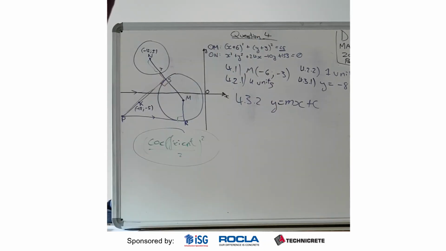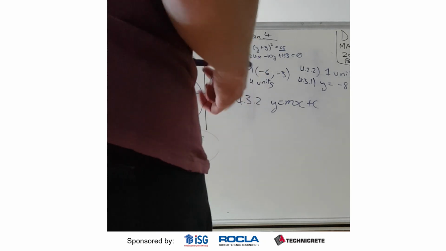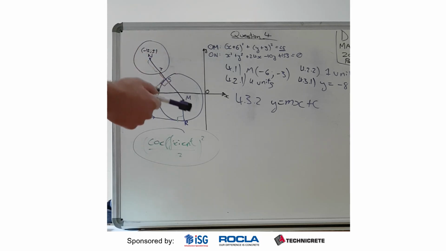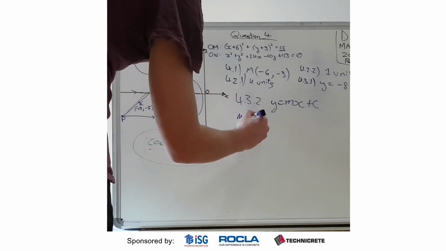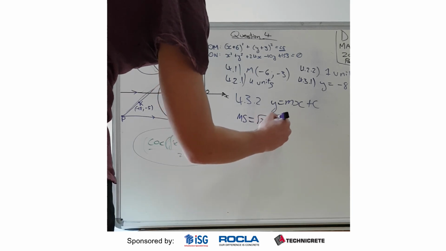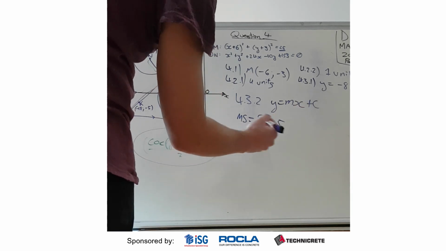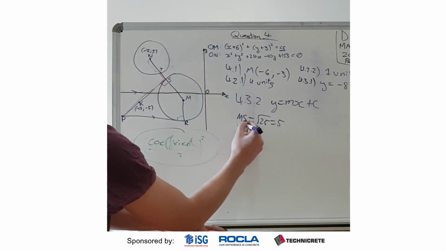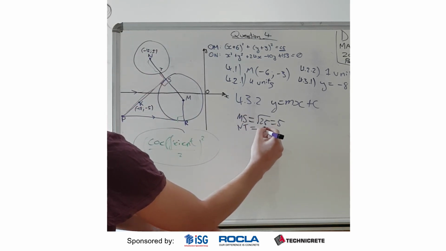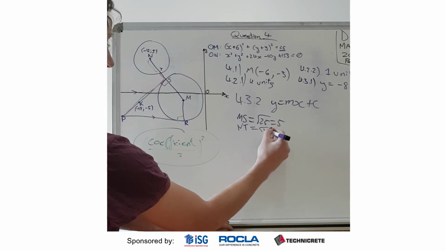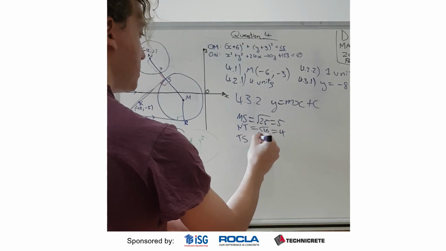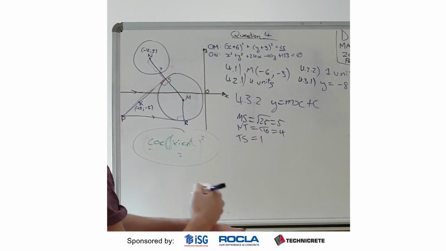Okay, so this other method requires finding the coordinates of S. Now this actually isn't all that difficult because we know ms is the square root of 25 is equal to 5, right, because it's a radius of circle M. And nt is equal to square root of 16 is equal to 4 for similar reasons. And we know that ts is equal to 1. Calculated that in a previous question.